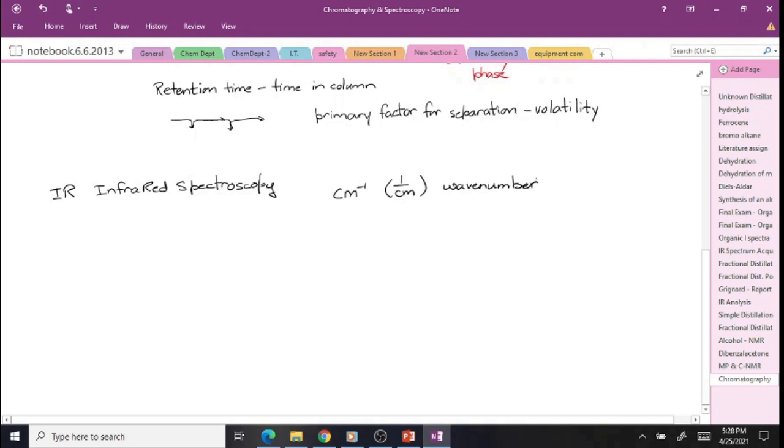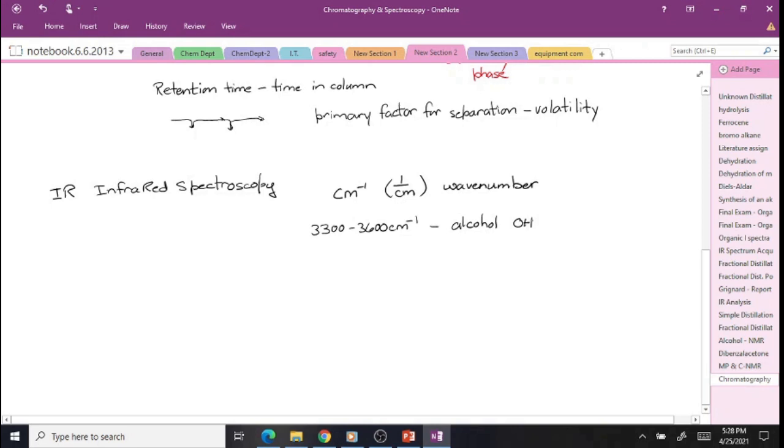A peak around 3300 to 3600, a strong absorption in that range, correlates with an OH bond for an alcohol. So this is specifically a stretching vibration, but it tells us that we likely have an OH.